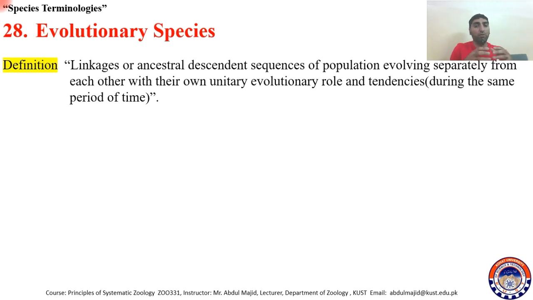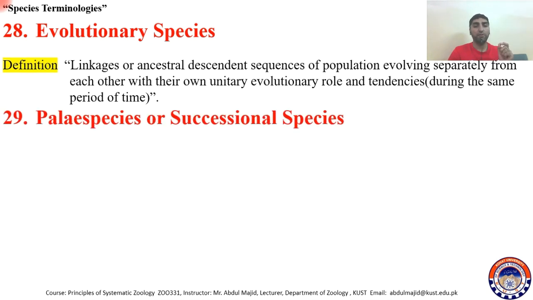This means they will have their own unique characteristics and tendencies: where to live, what to eat, how to breed, and everything. So they will have everything different from the rest of the organisms present at the same time. Such a species will be called a species if they have ancestral descendant linkage and a unitary evolutionary role and tendencies from all those organisms with which they are sharing their time and period.